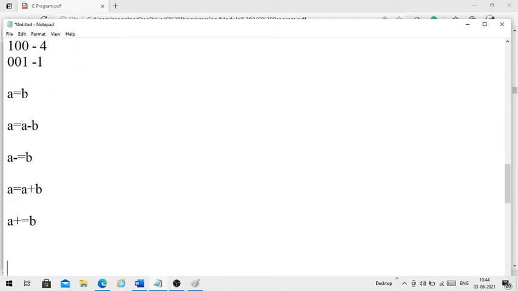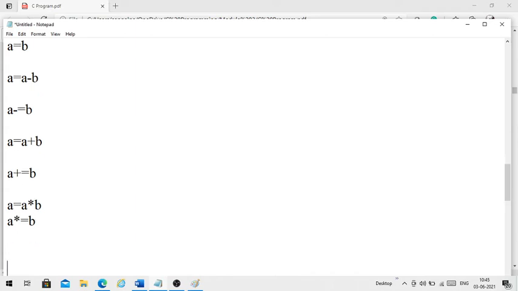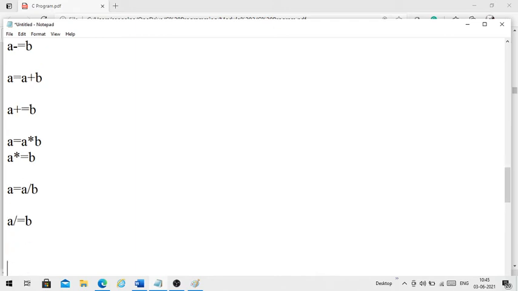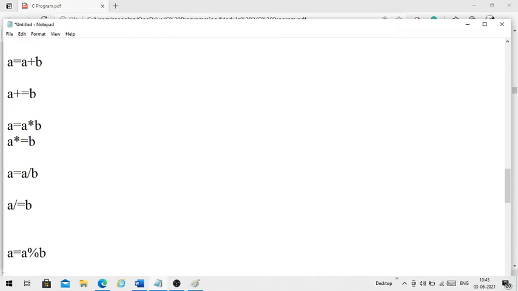Similarly, if I want to perform A equal to A into B, instead of that, I can write it as A into equal to B. Similarly, division, A equal to A divided by B, we can write as A divided equal to B. Like that, A equal to A mod B can be written as A mod equal to B. Same.